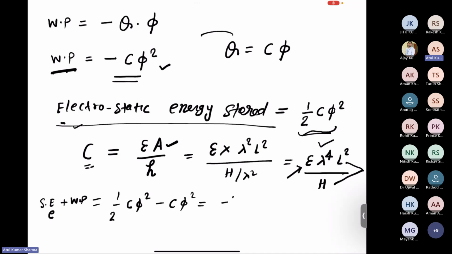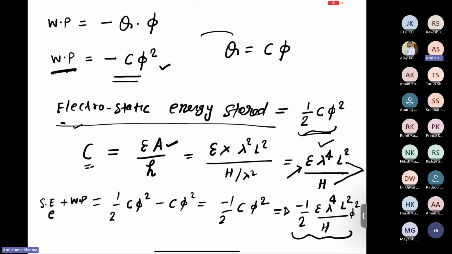So that will be minus half C phi square, which can be written as minus half epsilon lambda to the power 4 L square upon H, into phi square. So this is the expression for the summation of two quantities: the electrostatic energy stored in the body and the work potential.